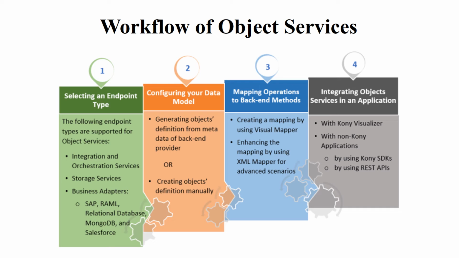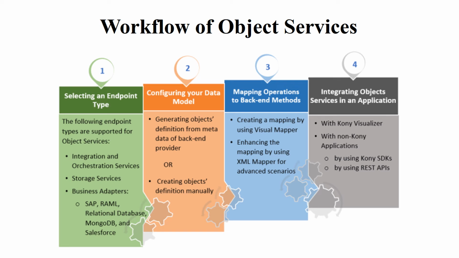Next one is configuring the data model. Under this, you can generate object definitions from the metadata of the backend provider, or the objects can be created manually. The third one is mapping operations to backend methods. In this, you can create mapping by using the visual mapper.